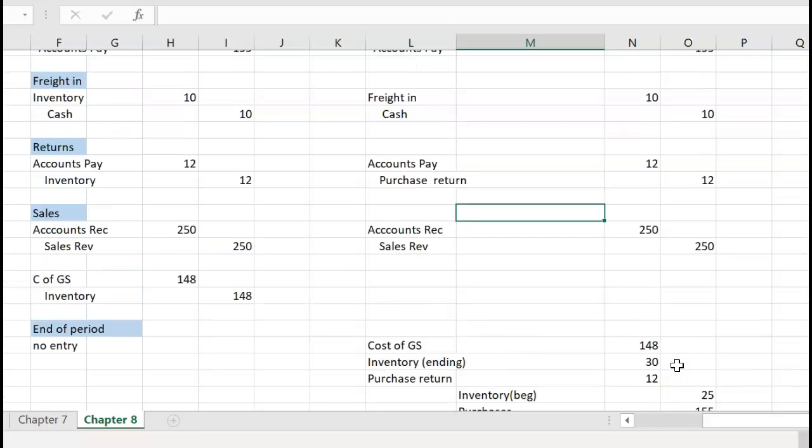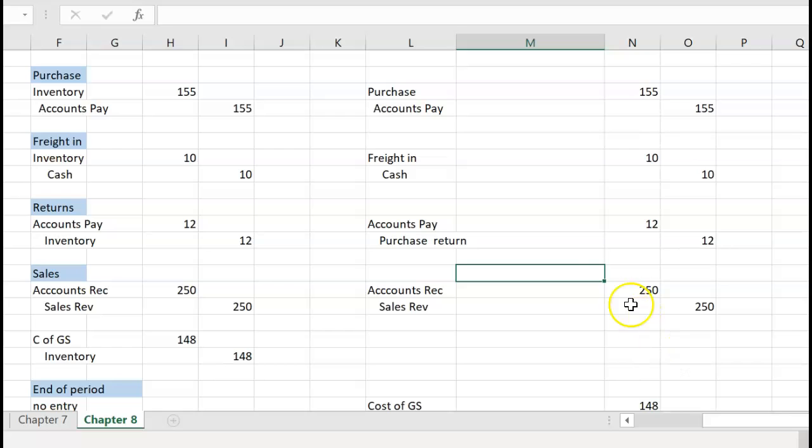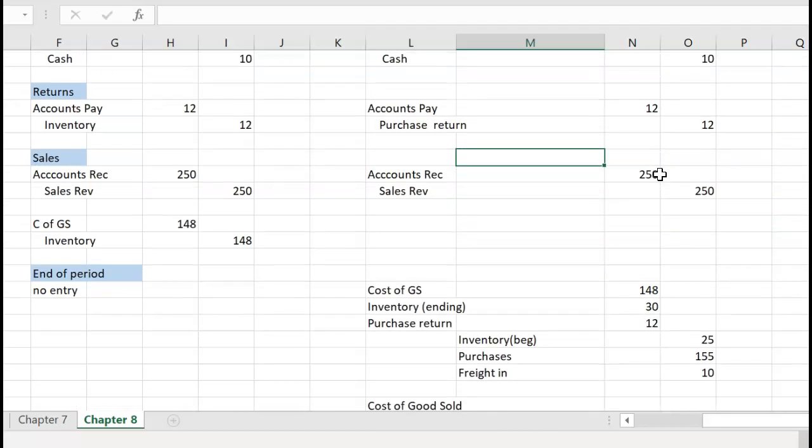And we would also go up and see freight in is a debit, an increase in purchases, but we would have to credit to calculate the cost of goods sold, which is a credit to freight in for $10,000. So when we balance our debits and credits, we find that the cost of goods sold is $148,000, and we know that's correct because we kept track of it under the perpetual system, and that is important.